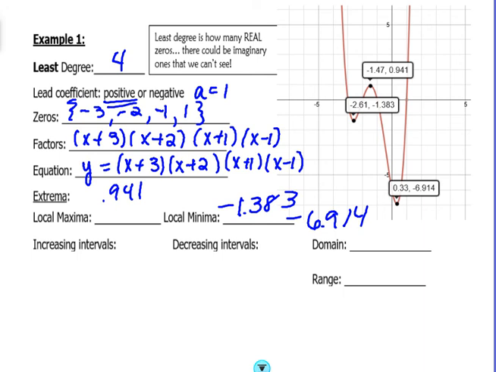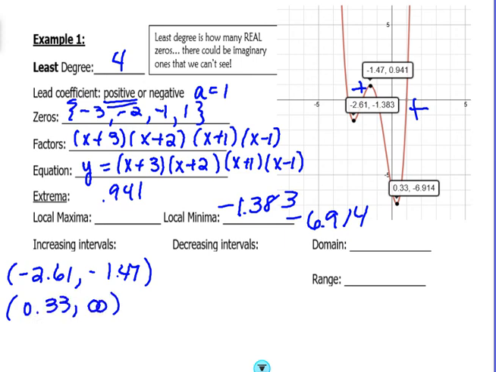Alright, now decreasing and increasing intervals we do in terms of x. An increasing interval, we're going up here, and then again at the end. Remember we're always open and in terms of x. So negative 2.61 to negative 4.47, and then 0.33 to infinity.